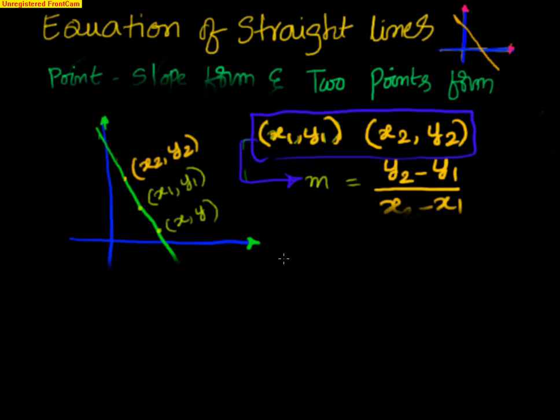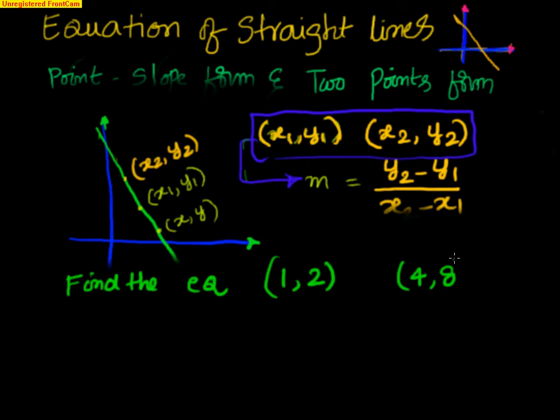Okay. Now let's take this problem and try to resolve this. Find the equation of the straight line which is passing through 1, 2 and 4, 8.